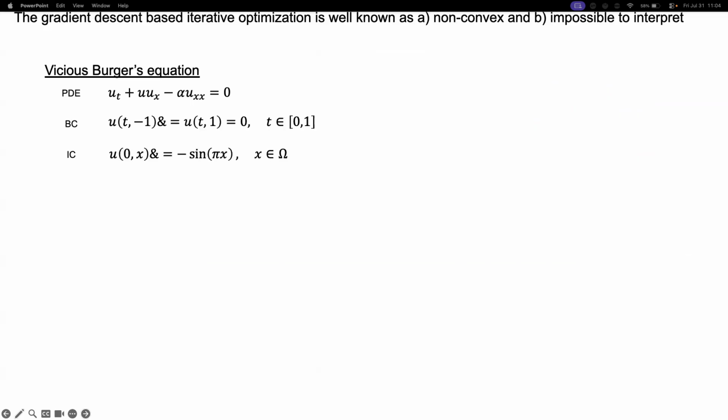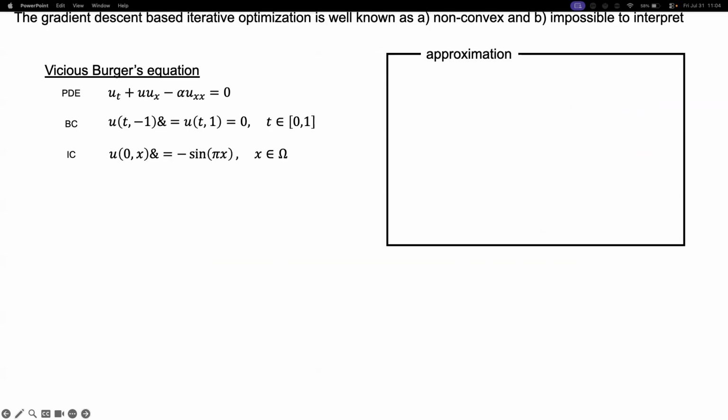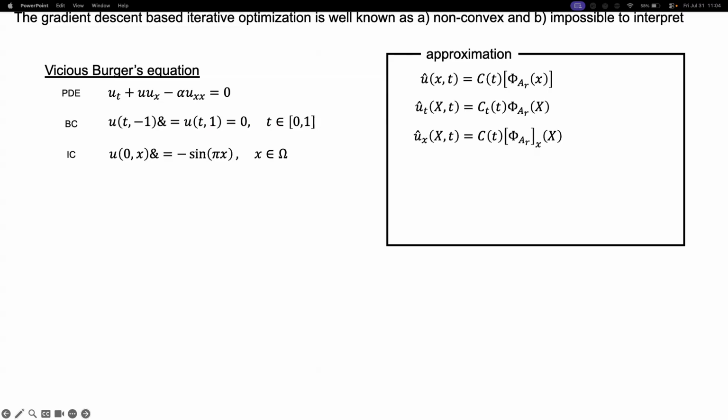The PDE equation looks like this, and boundary condition and initial condition look like this. To approximate the Burgers' equation, we use u hat as usual, u_t the same, but the derivative with respect to x is a little bit different. The derivative goes into the basis functions.